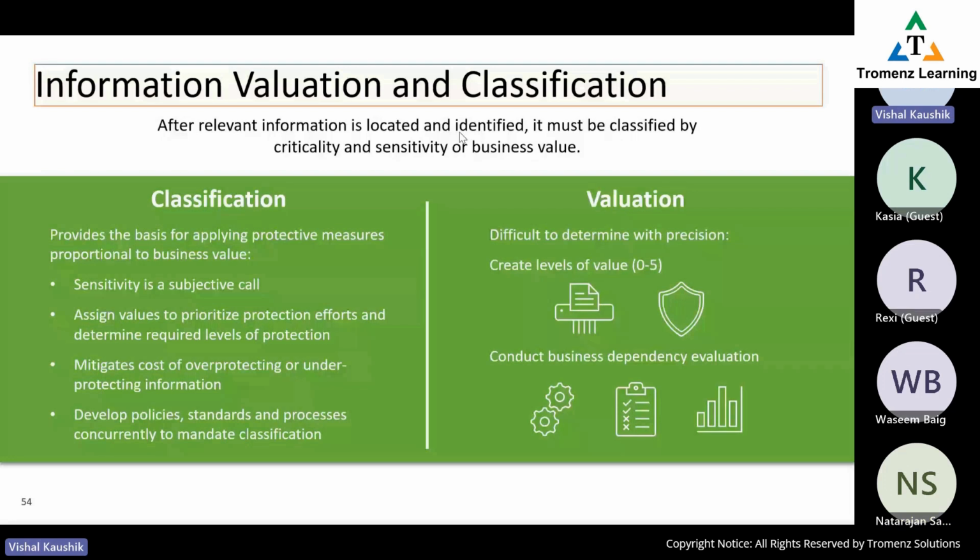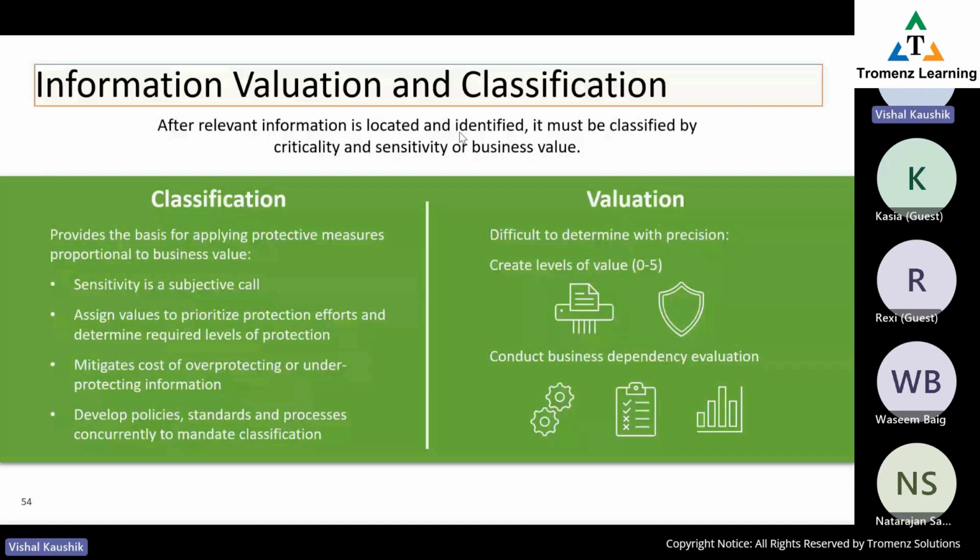So sensitivity will generally be a more subjective call. The unintended disclosure of sensitive information can have many ramifications, which may be difficult to determine with any precision. The data owner is typically the best source of determining the potential consequence of data leakage.